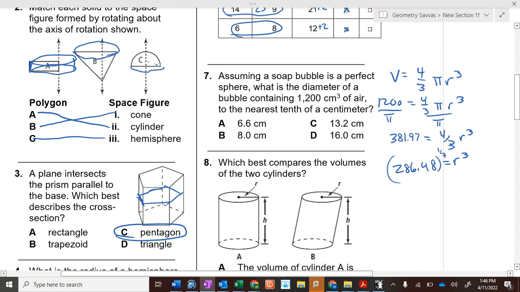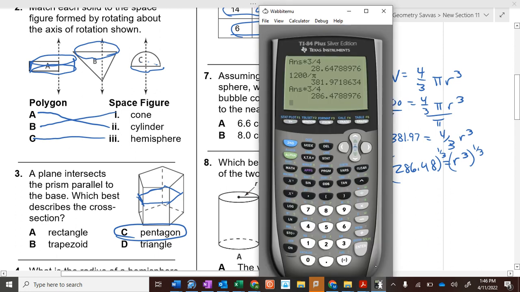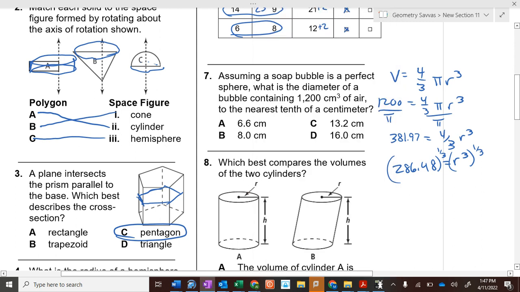And then take each side to the 1/3 power. Is 6.6. That's the radius. It asks for the diameter. So if we multiply by 2, is choice C.